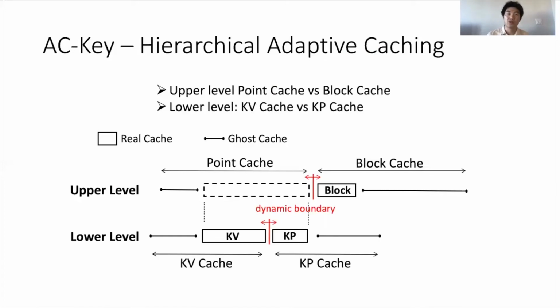We also apply the same logic in the lower level, which comprises both the key-value cache and the KB cache. We use the ghost cache to adjust that boundary too. So this is a hierarchical adaptive caching scheme. By using this scheme, we can adapt the size of all three components, the block cache, key-value cache, and KB cache, according to different types of workloads.